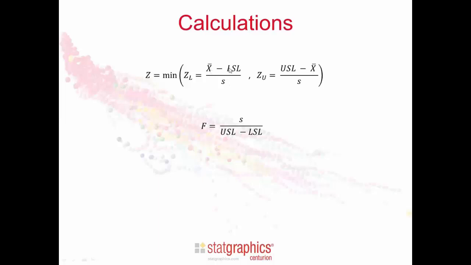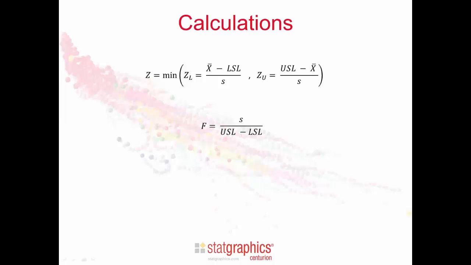I then compute a z-score with respect to the lower specification limit, and a z-score with respect to the upper specification limit. And if the smaller of those two numbers is less than or equal to some k, I have to reject the lot. So to that extent, it's exactly the same as Z1.9.